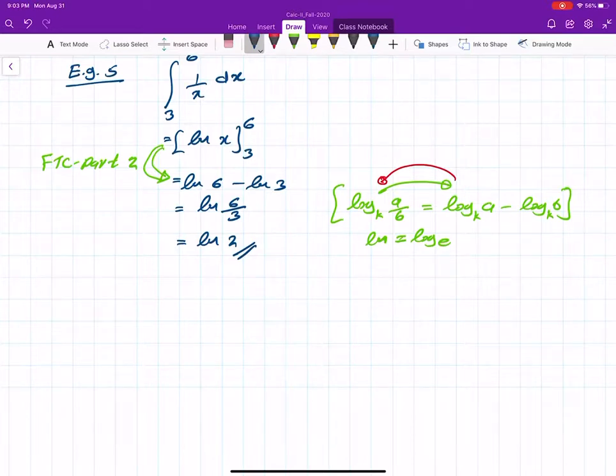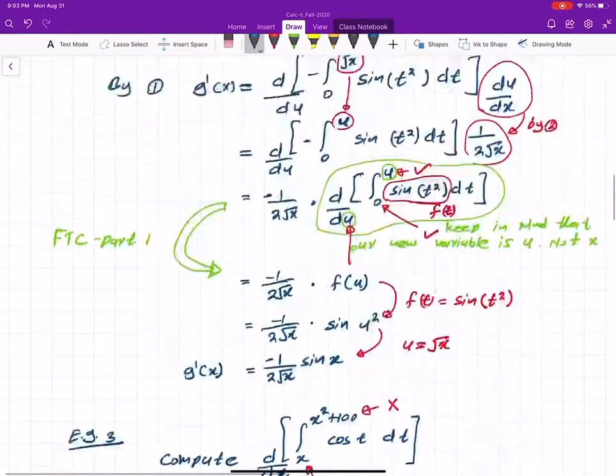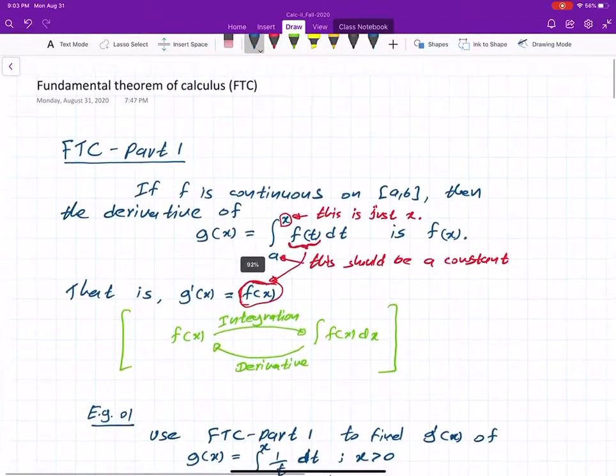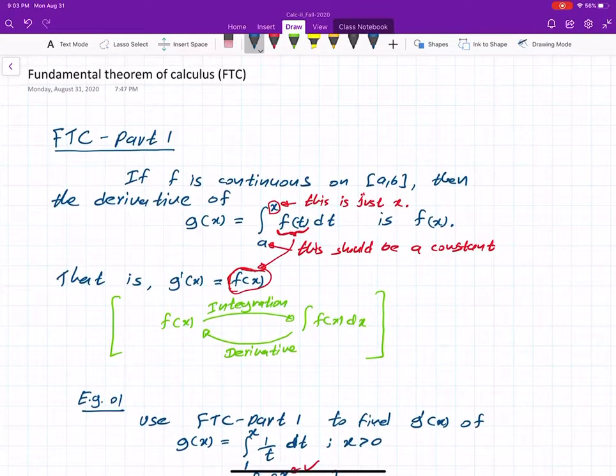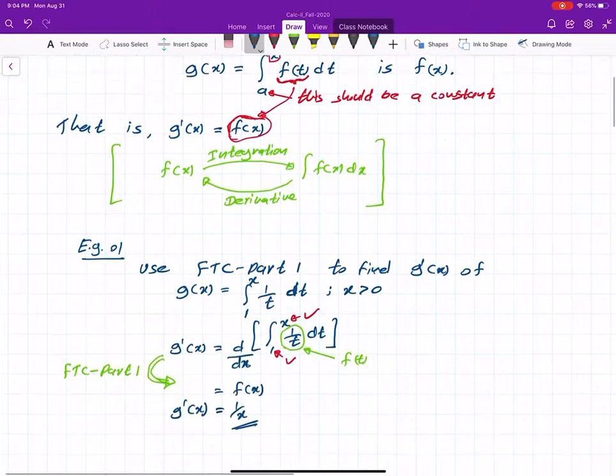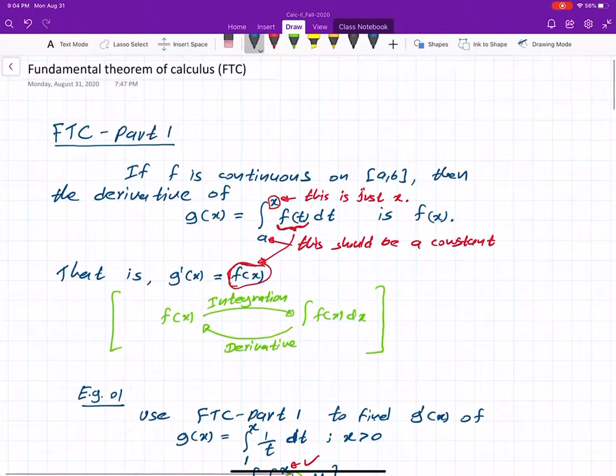All right. So that is the end of the section. In this section, we learned the fundamental theorem of calculus. There are two parts, part 1 and part 2. Part 1 is more theoretical and a little more abstract than part 2. Part 2 is something you already know.